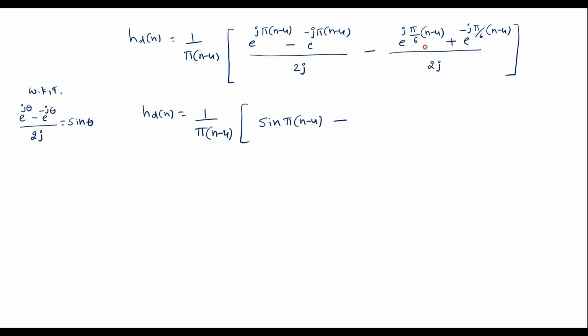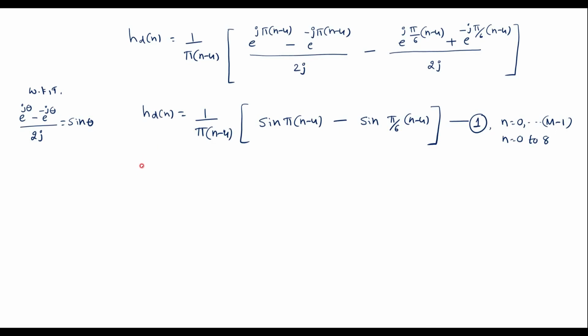Minus, it is also standard form, sine theta, where theta is pi by 6 of (n minus 4), that is sine pi by 6 of (n minus 4). So this is the standard equation. I will call it equation 1, and here n varies from 0 to M minus 1, that is n is equal to 0 to 8, because M value is 9.